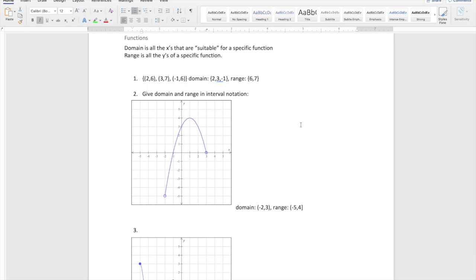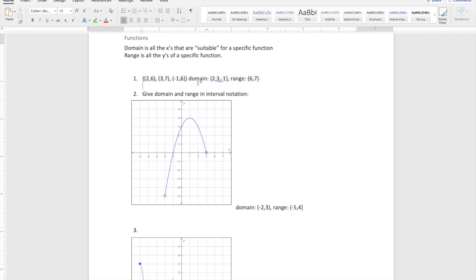Finally, what is the domain and what is the range of any function? Well, domain is all the x values that are suitable for that specific function, and the range is all the y values of that function. If a function is given to you as a set of ordered pairs, it's very simple to determine the domain and the range.